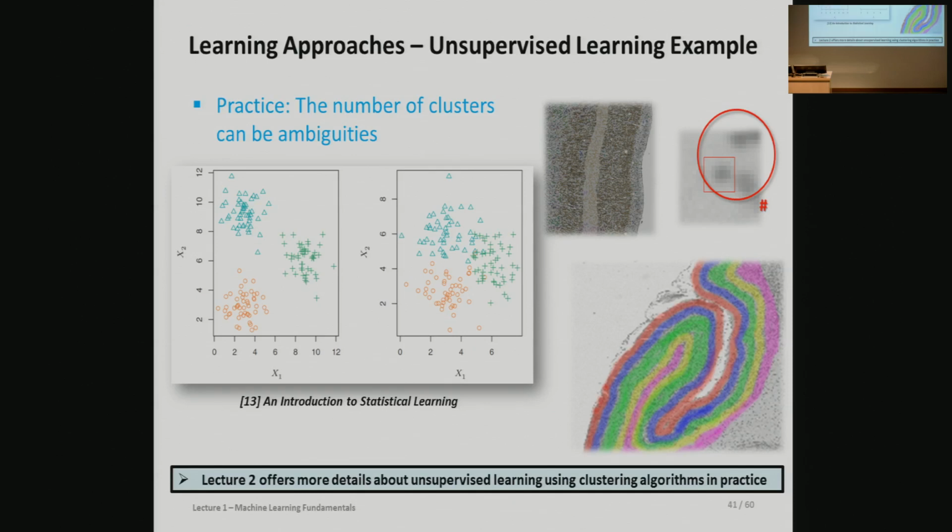Why is it an interesting approach? You see here, for instance, a brain slice that we analyze in Jülich, in my center, and it has different cortical layers that you see here in the different colors. It's a very practical example, right? The idea of getting to these colors is just looking closer into the cells, because you see the cell distribution is different between the different cortical layers in the brain that have different functions.